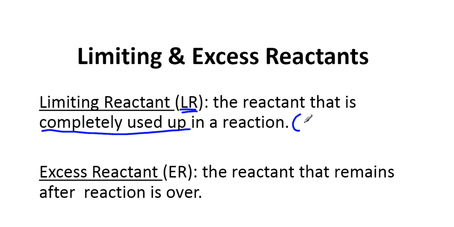It's going to run out first. There are different reasons why it can run out. You might not have enough, or there's just not enough available, or if it's something happening in the environment, you use up everything that's there, and then that's it.